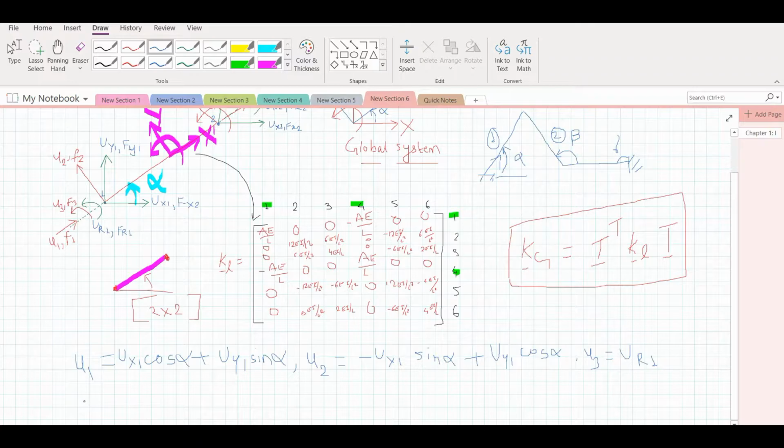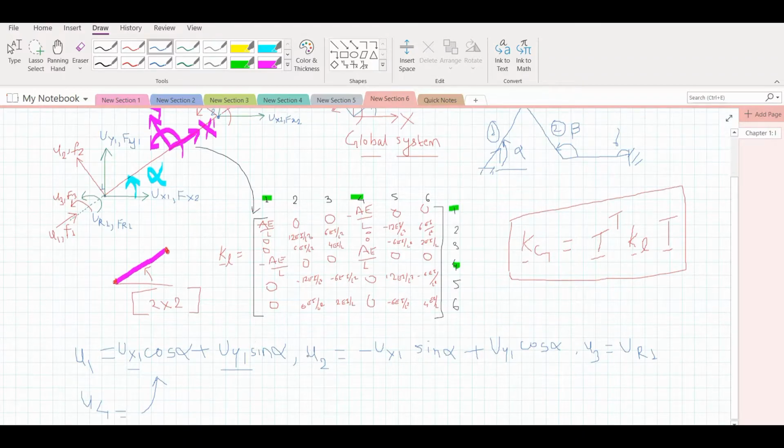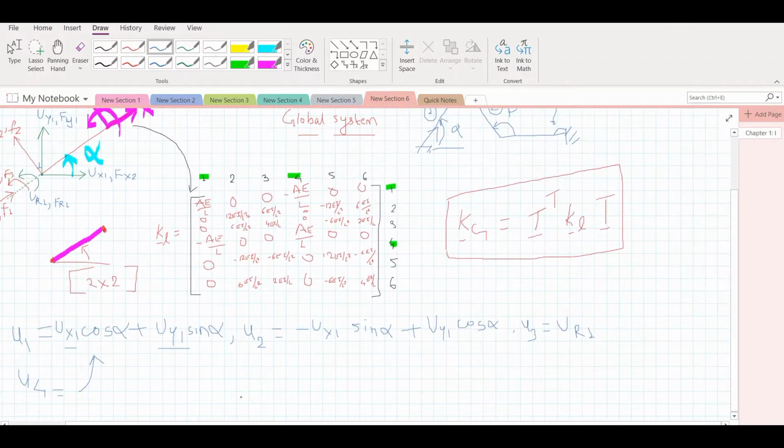Similarly, for u4, it will be equal to this, where ux1 and uy1 will be replaced by ux2 and uy2, and similarly for u5 as well, it will be similar to this one, but we'll have ux2 and uy2, and our u6 will be equal to ur2.